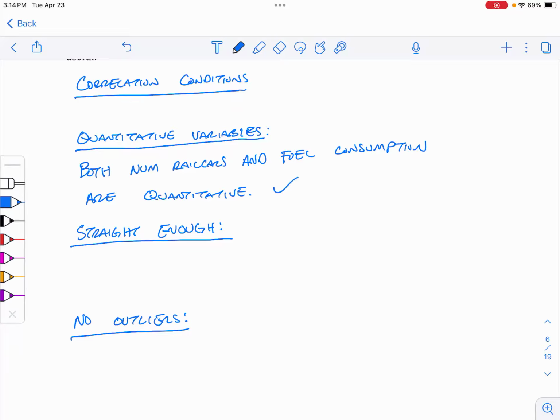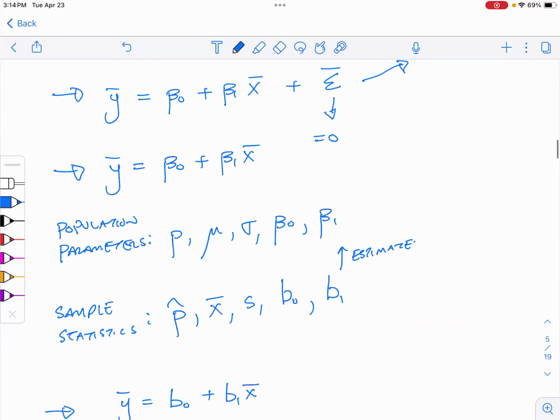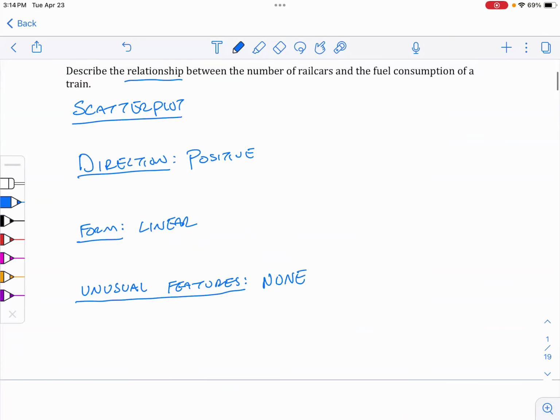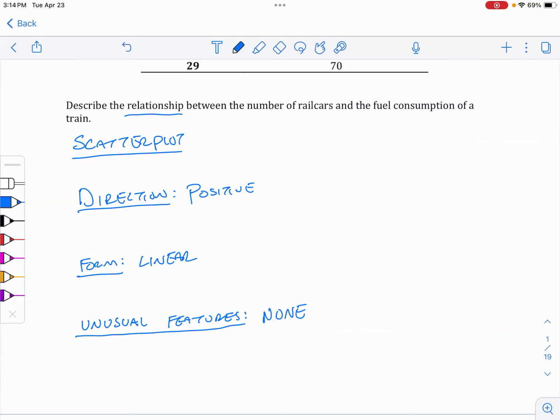The straight enough condition always comes back to our definitions of the scatter plot. How did you define your scatter plot? Oh, we defined the form as linear. That means the straight enough condition is met. If you defined it as exponential, parabolic, none, circular, curvilinear, anything else, then that condition fails.